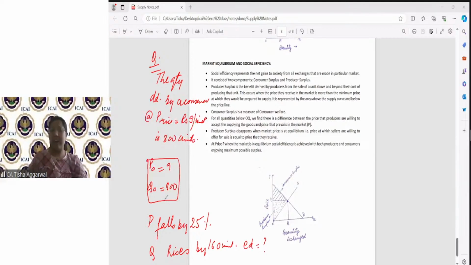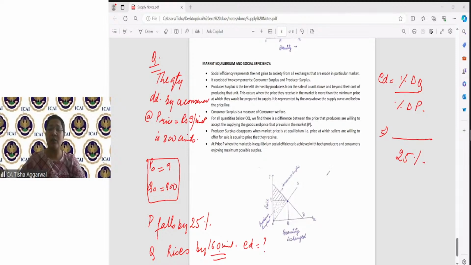Come on, see, now understand. I also have one formula. ED is equal to percentage change in quantity upon percentage change in price. My price is falling by 25% and quantity they are saying is increasing by 160. So 160 upon 800 into 100.